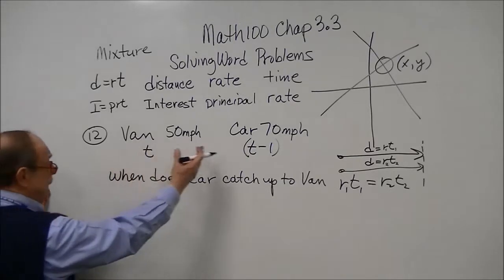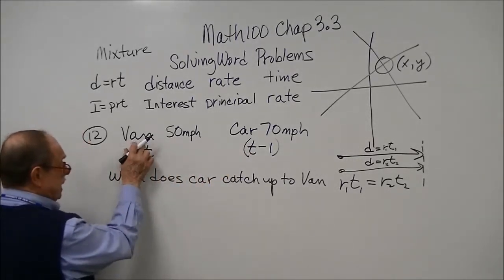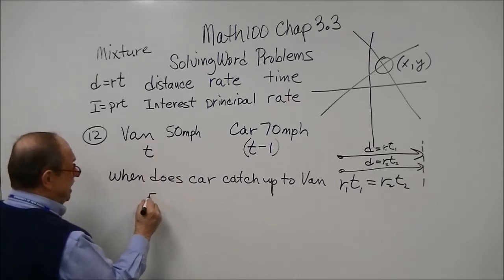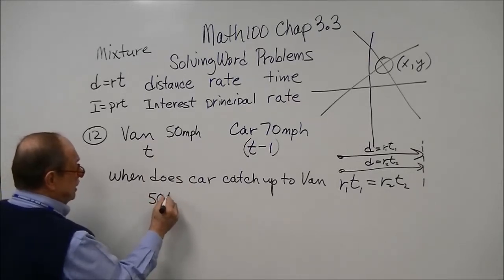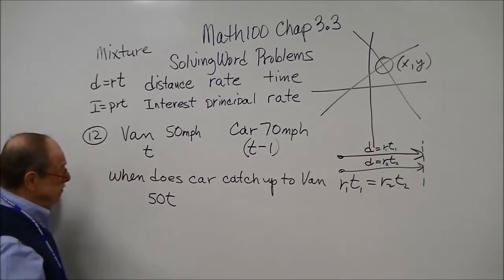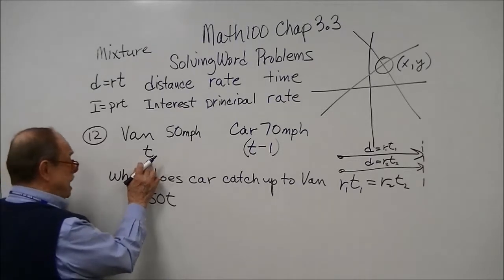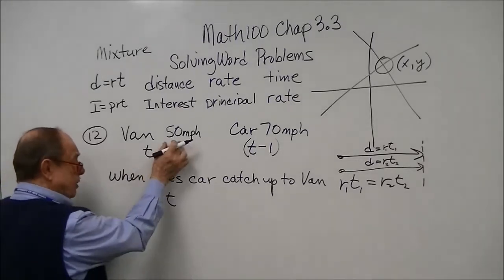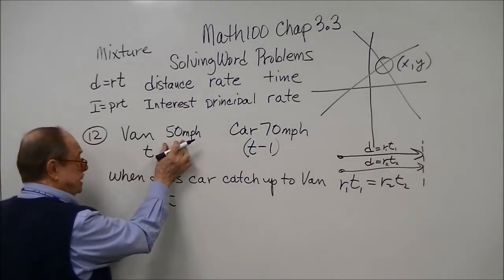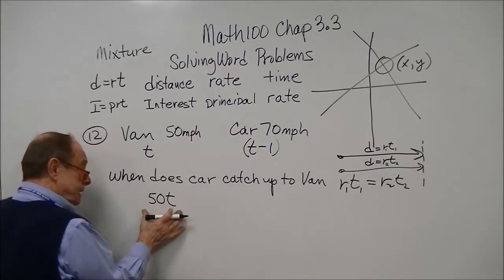And we can pick it right out of our chart. So the van is going to go 50 miles an hour for t amount of time. Does that make sense? Because there's the time. We don't know that time. We know this rate. So rate times time is distance.